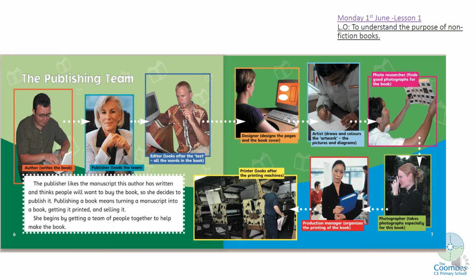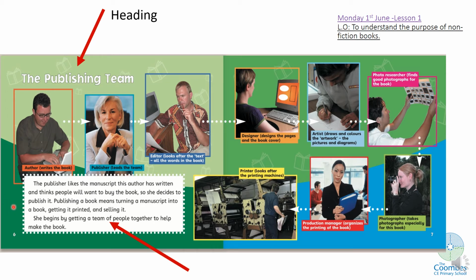So here I've opened up to one of the pages inside the book, and I'm going to explore all the different things that are inside this book. The first thing that I've noticed is this here, and it says the publishing team, and this is the heading of the page. This tells us that these two pages are going to tell us everything about the publishing team when we talk about books.